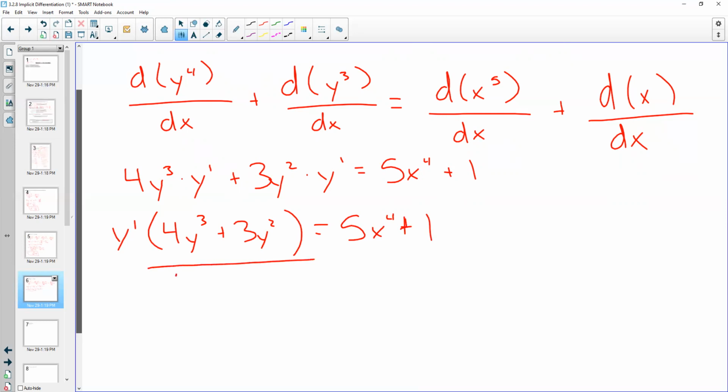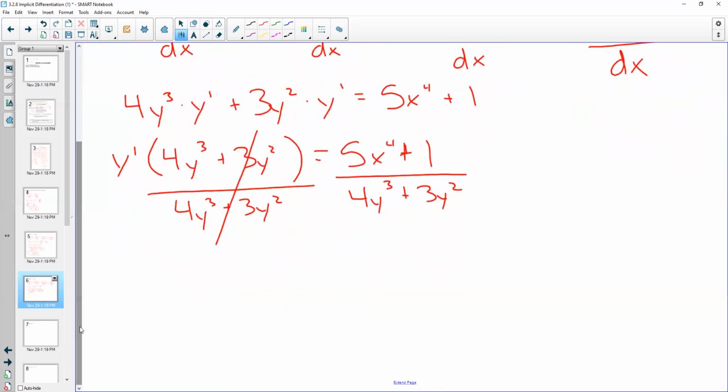Divide both sides. Now we have y prime by itself: 5x to the 4 plus 1 over 4y cubed plus 3y squared.